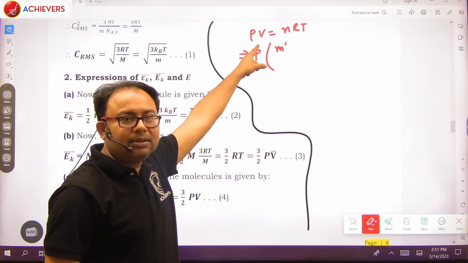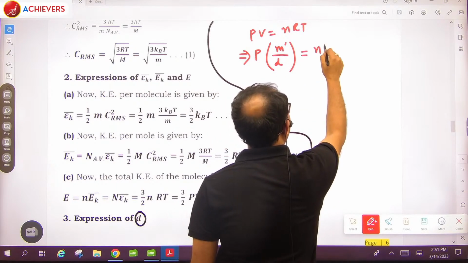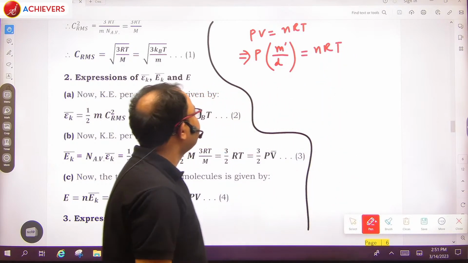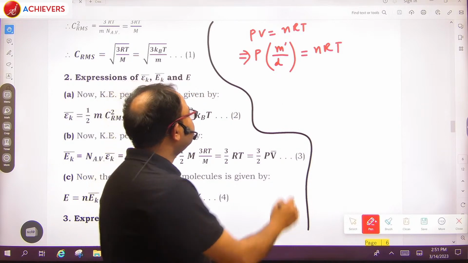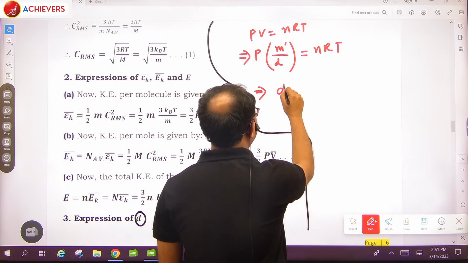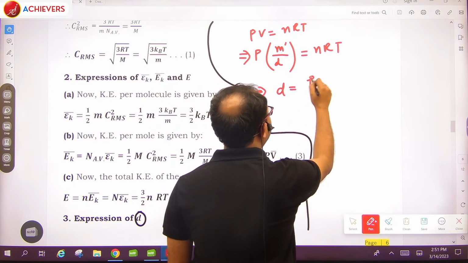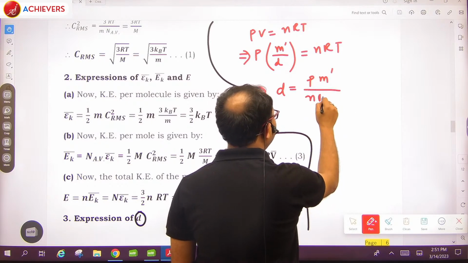So volume is mass by density of the gas, d, is equal to nRT. So the expression of d will become P m dash by nRT.